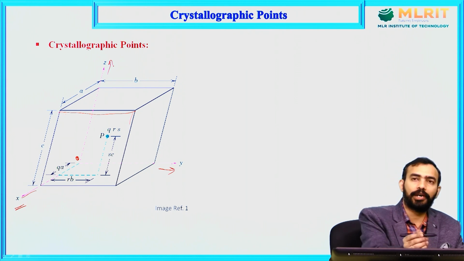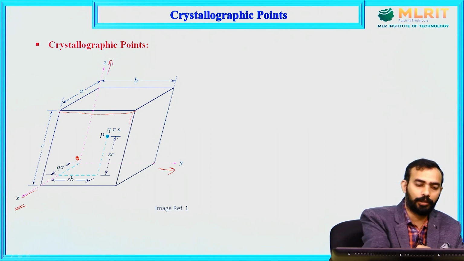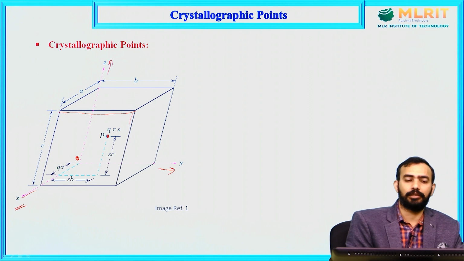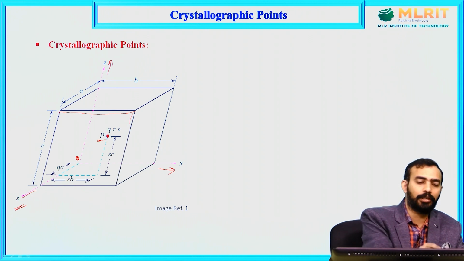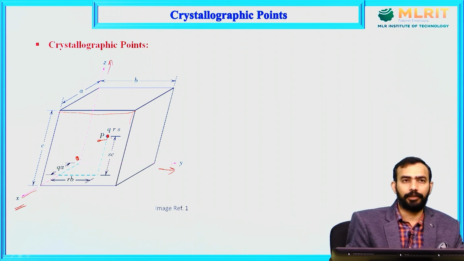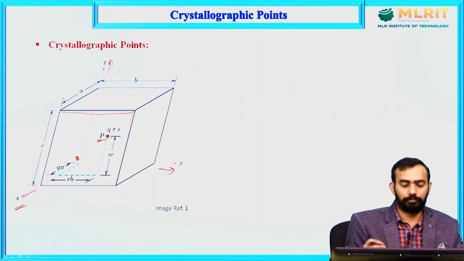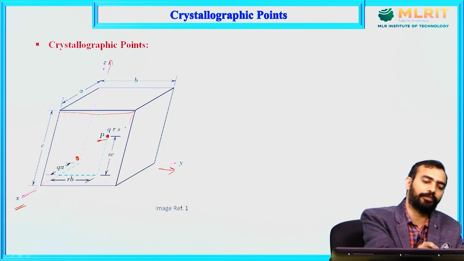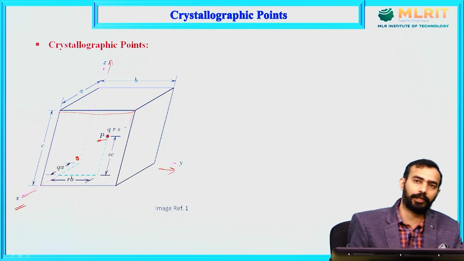The point of our interest, for which you have to represent the three coordinates, the three indices or three numbers, is this point P. I want to represent this point P within this unit cell, right?